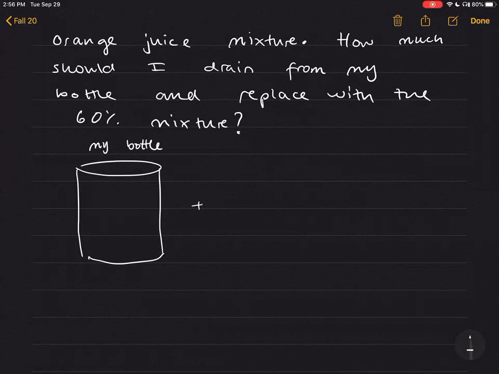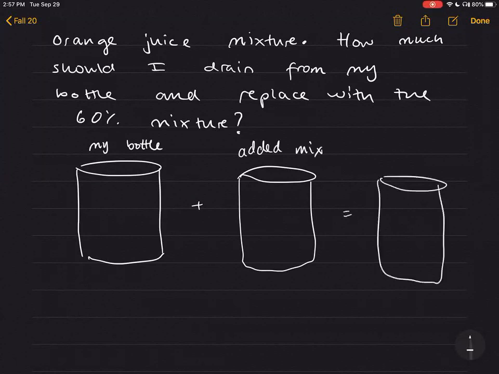And then over here, I'm going to have not my friend's water bottle, but the amount that I'm taking from. So added mix from their bottle. And then what they're going to be mixed together.